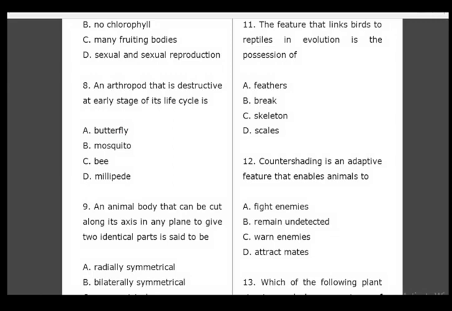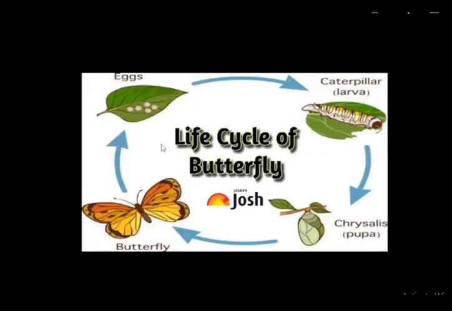So if we look at this picture here, we find out that this is the early stage of the life cycle of a butterfly. For example, we have eggs. That's the eggs that the butterfly lays, and then from the eggs that are laid, it develops into the caterpillar. Now if you look at the leaf on which the eggs were being laid, which is the larval stage, it has matured to the stage of the larva, which is the caterpillar.